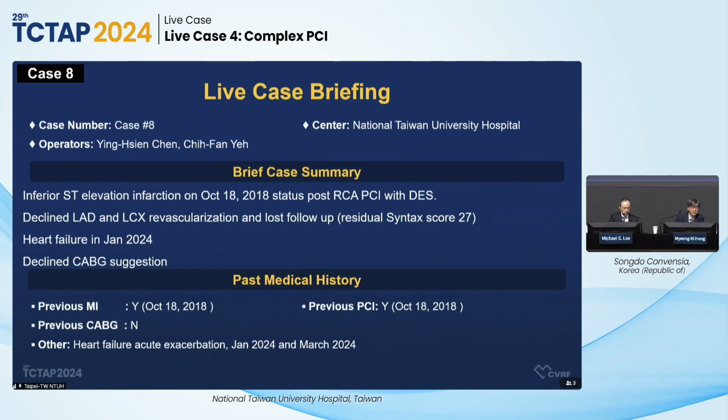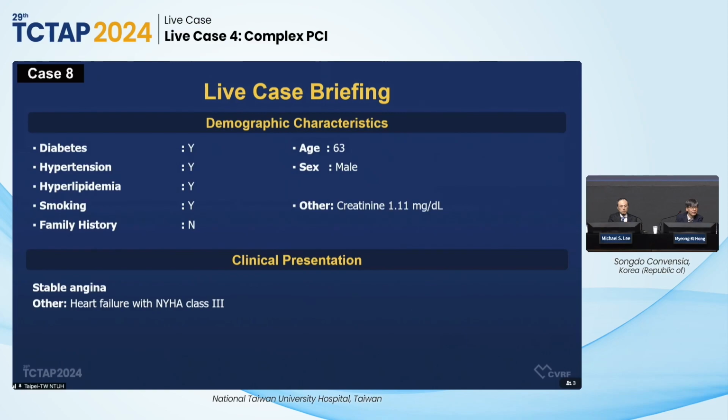And he developed 2 episodes of heart failure in 2024, in January and March. His background: he had diabetes, hypertension, hyperlipidemia, and he is also a current smoker. His creatinine is normal, but he had stable angina with decompensated heart failure.